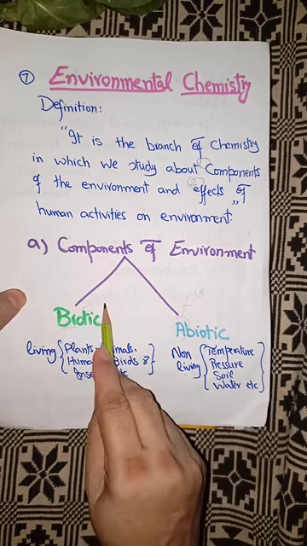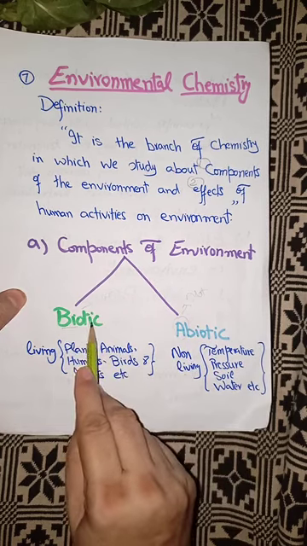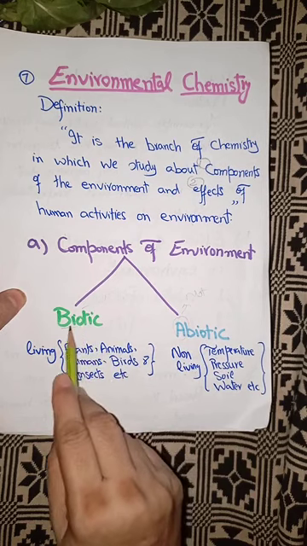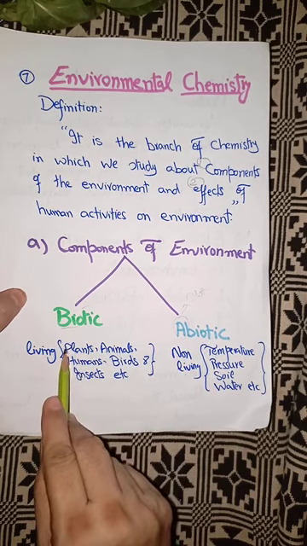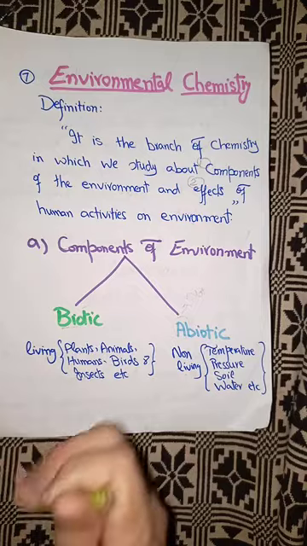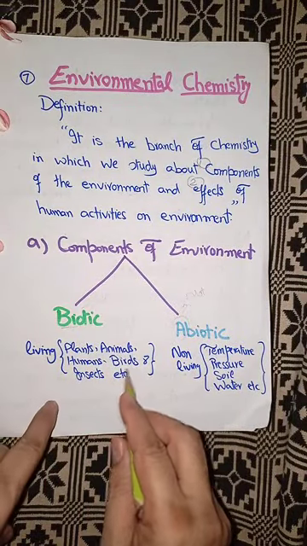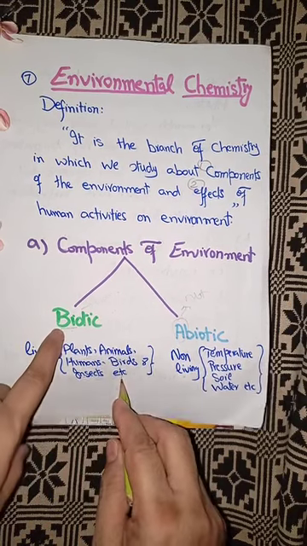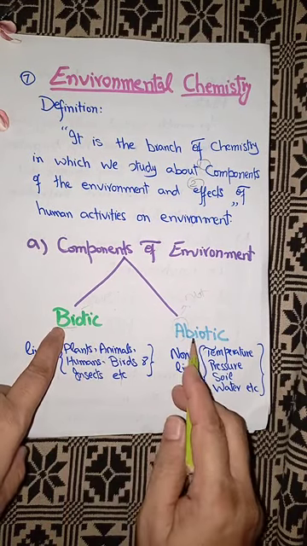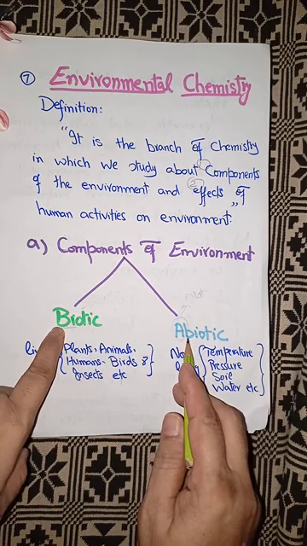Bio means living. So, biotic components are those components which are based on living organisms, such as plants, flowers, animals, human beings, birds, insects, etc. Second is abiotic component.